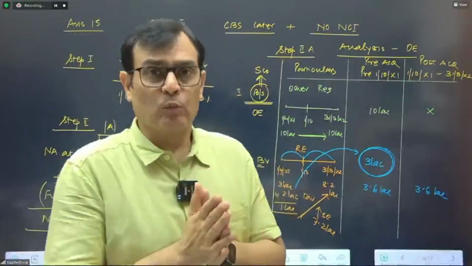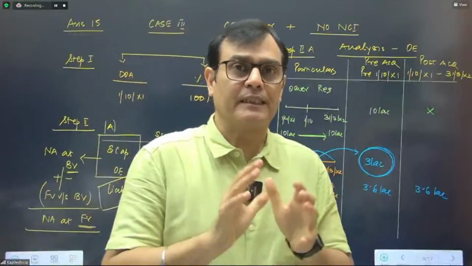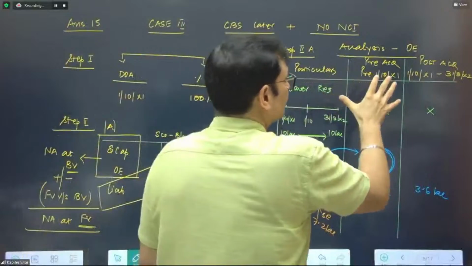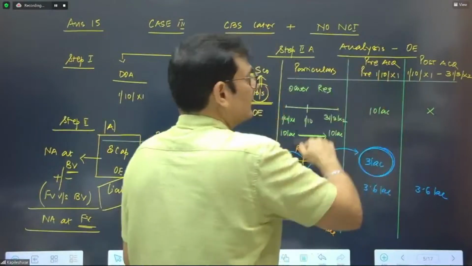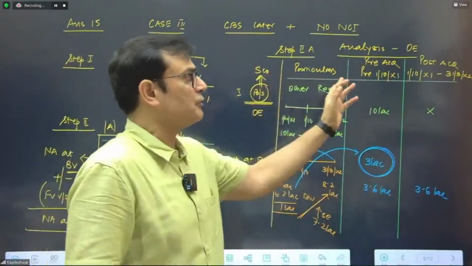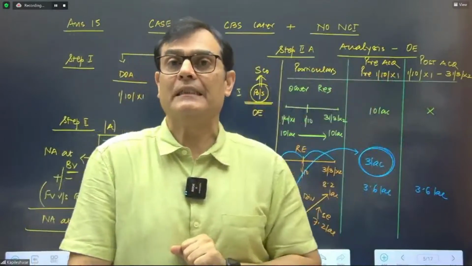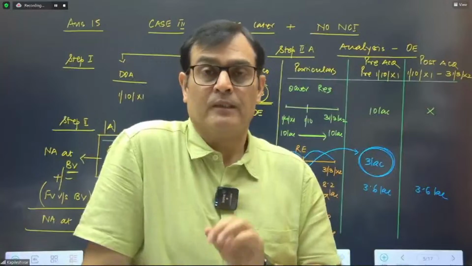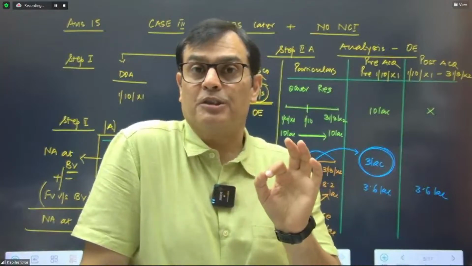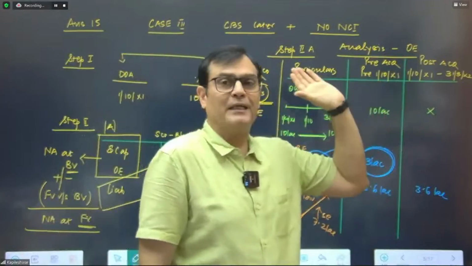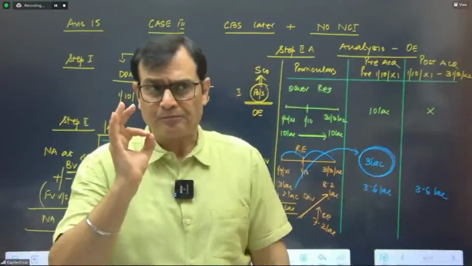But in this case, we need to do the analysis because the balance sheet is made at a later date. So what is the focus point in this particular case? You need to do the analysis of other equity. And when you do this analysis, organize the data first of all, define your pre and the post acquisition columns clearly with the help of the dates. Anything which is before the acquisition date is pre-acquisition, and from the acquisition date to the balance sheet date is post-acquisition.